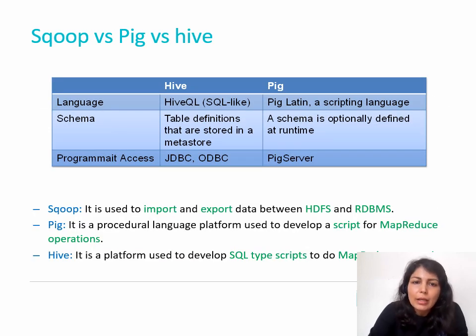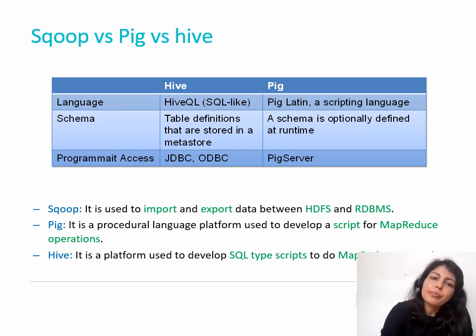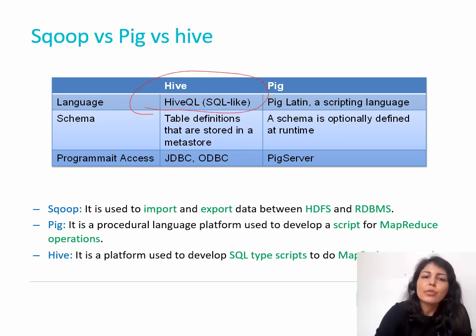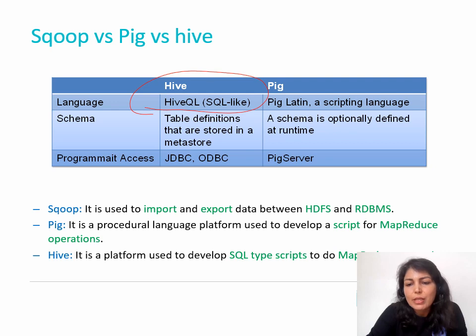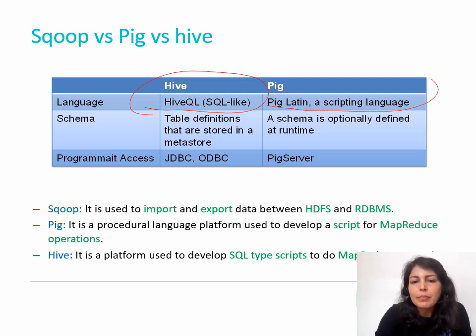Let's quickly review the difference between Pig and Hive, and also compare both of them with Sqoop. Pig and Hive are both for analyzing data, but the language for Hive is HiveQL, which is very similar to SQL, and for Pig it is Pig Latin, which is a scripting language.